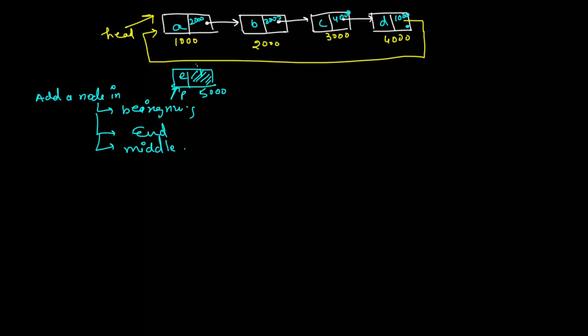Correct? And then you have to store the address of this node, 1000, to this position. That means you have to make this node point to this position, and you have to make this point to this position, and then you have to make head point to this node.